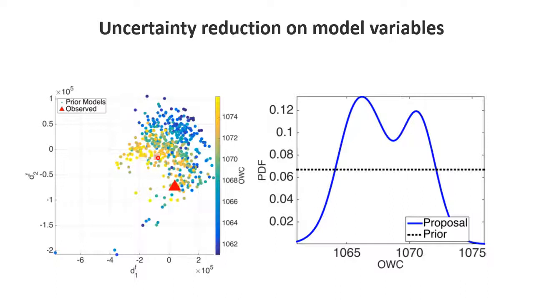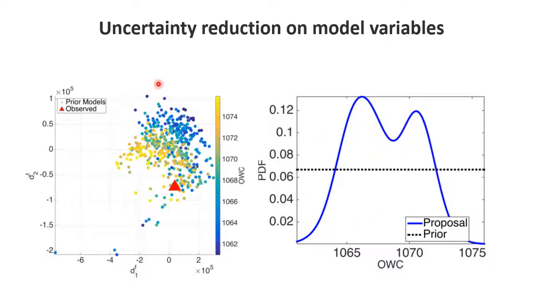So it's very clear that our actual observation is more in agreement with high water oil-water contact and not with low ones. So if I do a simple application of Bayes' rule in this graph, then I get this updated distribution, which will be my new distribution.